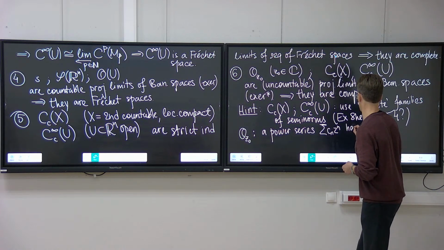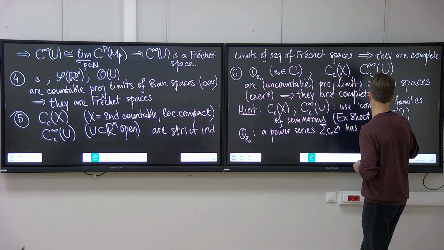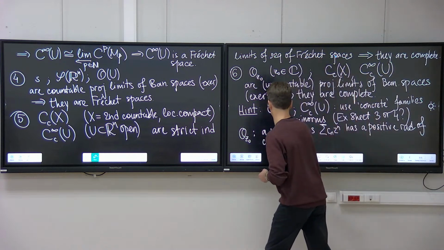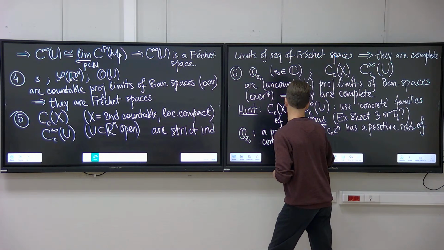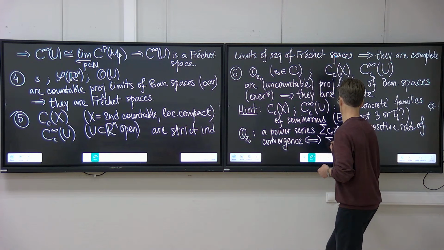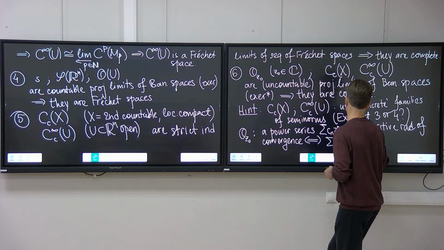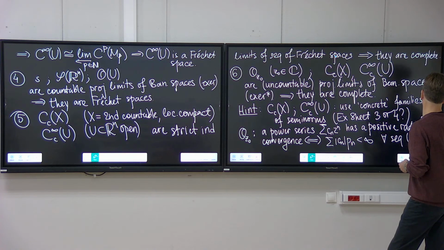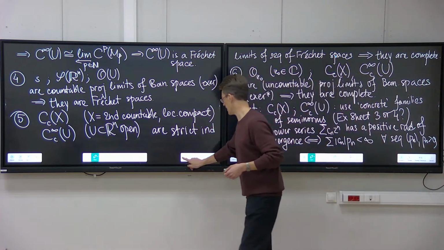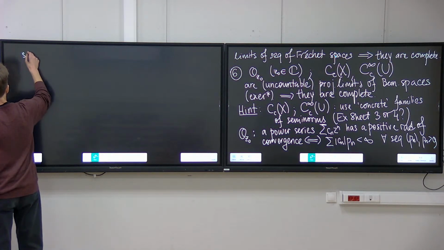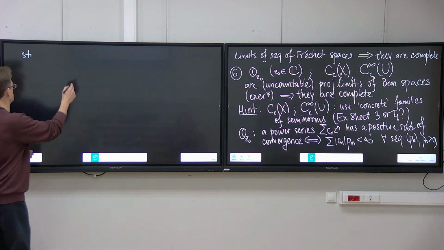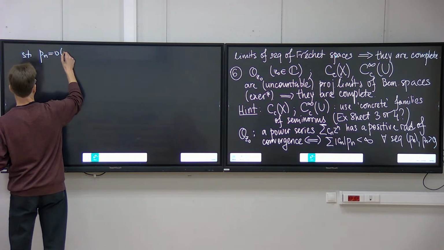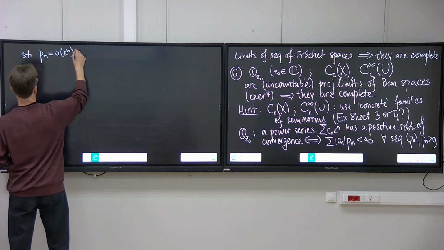Now the series has a positive radius of convergence, that is, represents a holomorphic germ, if and only if the following sum is finite for every sequence Pn of positive numbers such that the decay of Pn is exponential in the following sense: it is little o of epsilon to the power n for every positive epsilon.